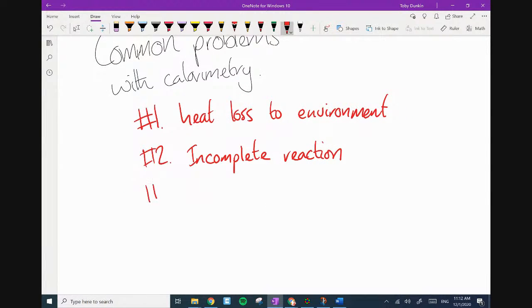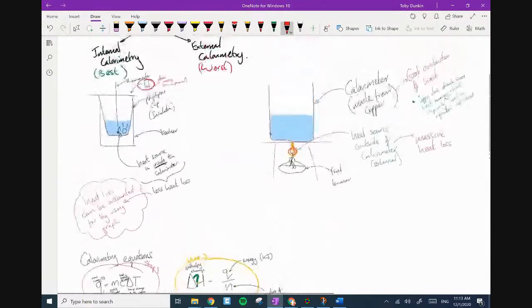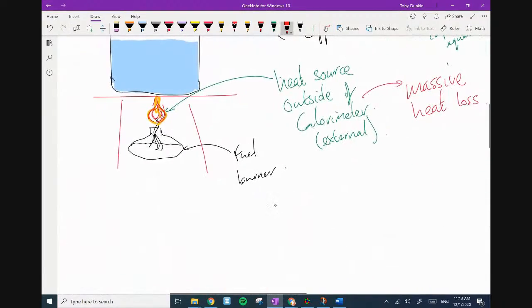Number 3, side reactions. So for example, in external calorimetry, we're burning the fuel. Now we have to make a massive assumption that the reaction is going to be complete combustion, and it's not going to be. This is one of the biggest problems with combustion analysis.